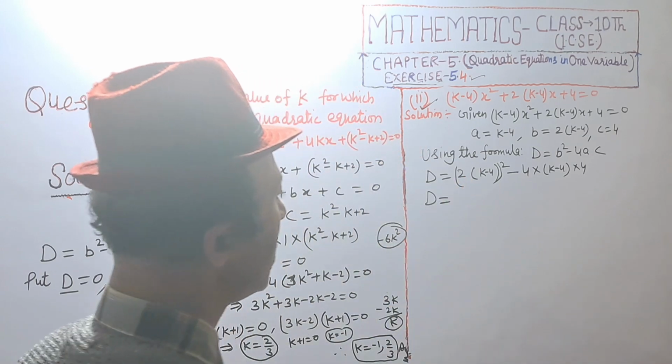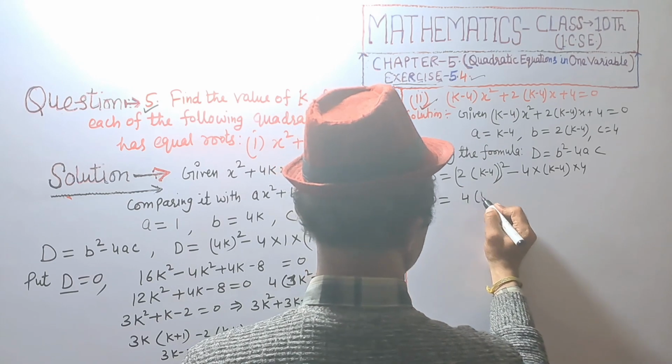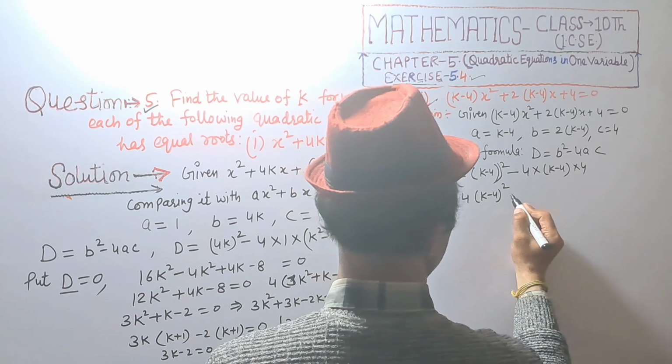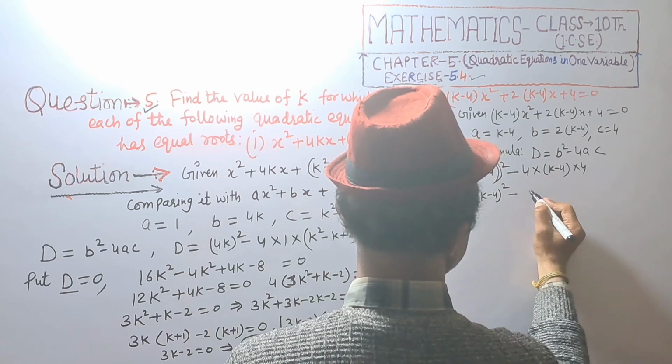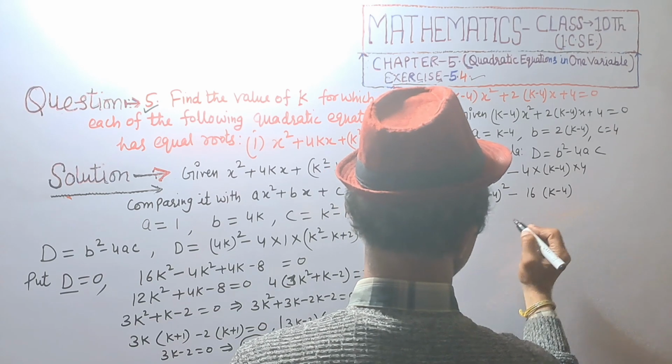Discriminant D is equal to 2 square is 4, and k minus 4 raised to power 2, minus 4 4s are 16 and k minus 4.